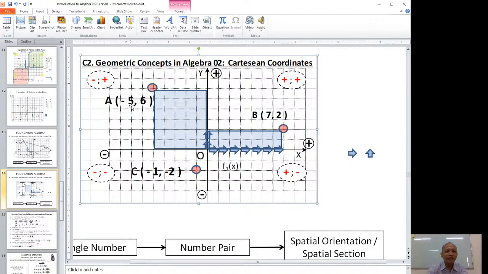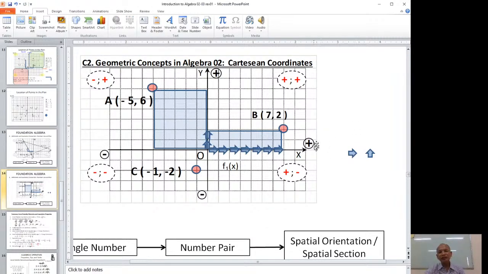For point A we have x equal negative 5, but for the y coordinate of point A, y coordinate of point A is positive 6, not negative, because it goes up 1 step, 2 step, 3 step, 4 step, 5 step, 6 step up, see, so everybody understand this.